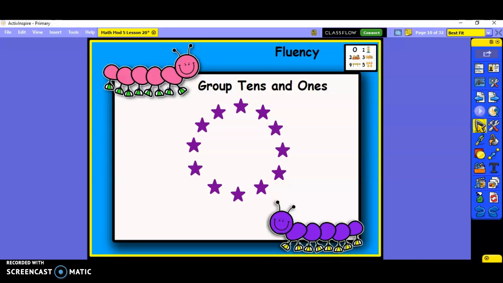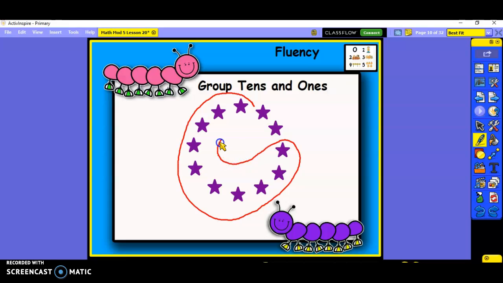Let's count those stars together. 1, 2, 3, 4, 5, 6, 7, 8, 9, 10. Miss Nakian is going to circle my 10. 2. That's right, we had 12. Very good. Let's say that number the Say 10 way. 10 2.